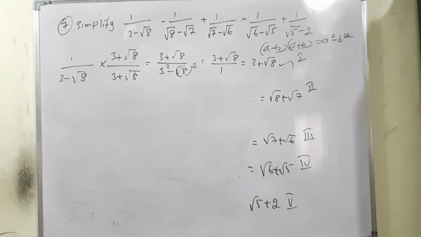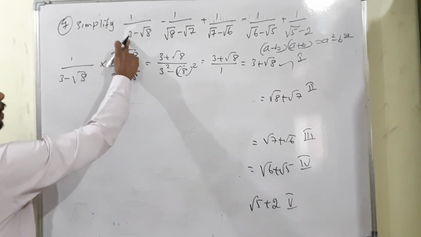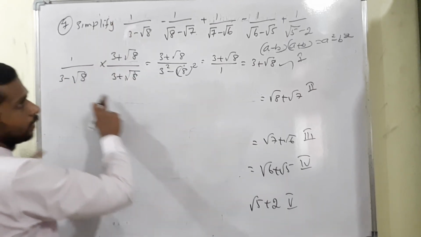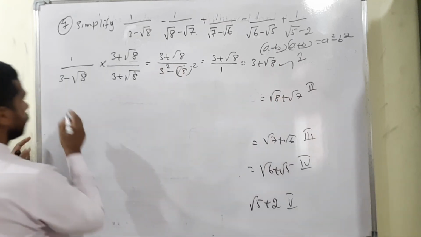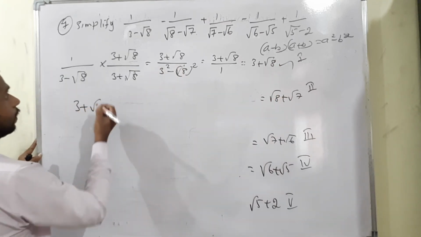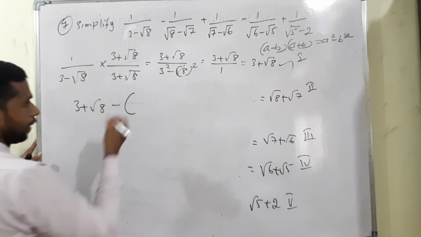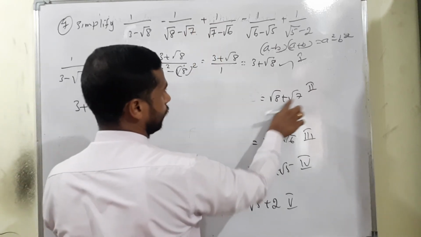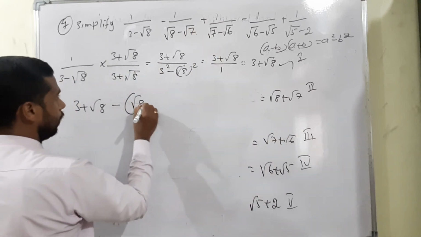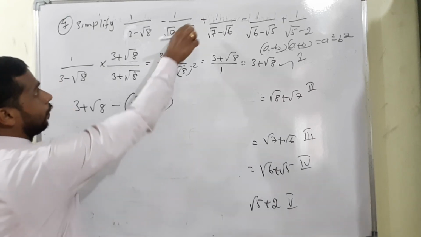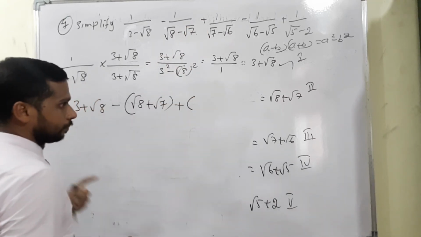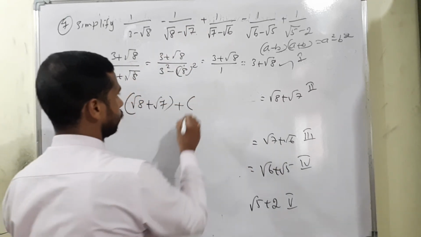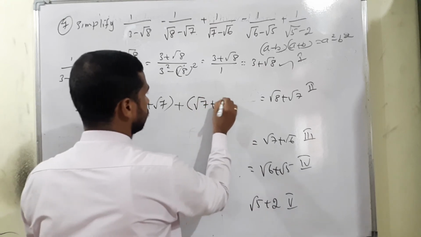The question, listen very carefully. The first part, 1 by 3 minus root 8, we have the answer 3 plus root 8. Then the minus sign is there, bracket of the second part answer, root 8 plus root 7. The third part answer, plus, root 7 plus root 6.